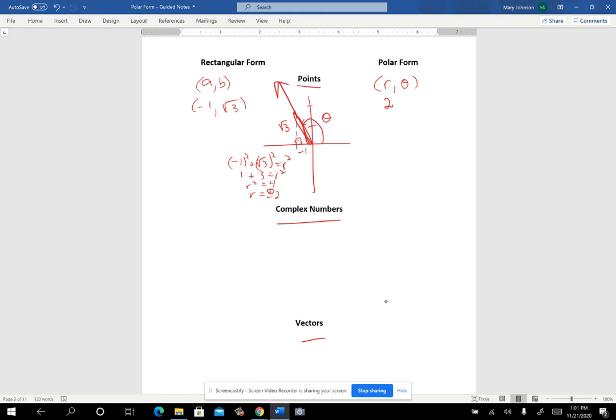To do the angle, we're going to use the fact that the tangent of that angle would wind up being opposite over adjacent, and make sure you put the negative on that so that you get the angle that's in that second quadrant. Okay, so that's going to be negative square root of 3. And so the angle would be the inverse tangent of that.